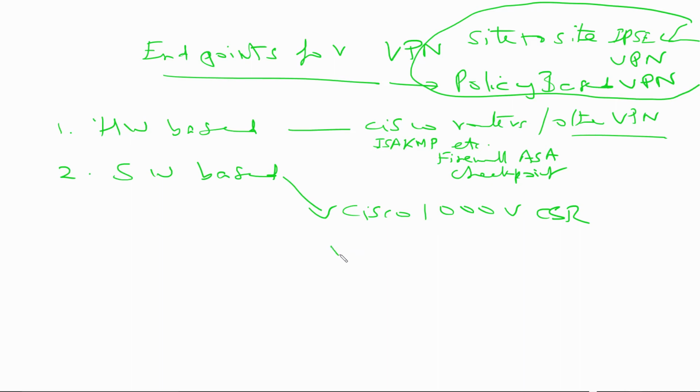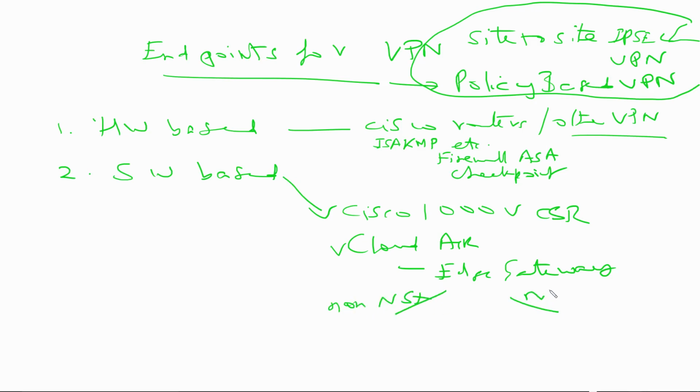You obviously have in vCloud Air the Edge Gateway. It comes in two flavors. One is non-NSX, one is NSX. The NSX one is the one you get when you select advanced networking in vCloud Air. The Edge Gateway gives you some really neat dynamic routing as well if you need it.